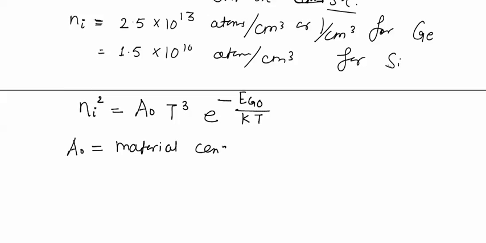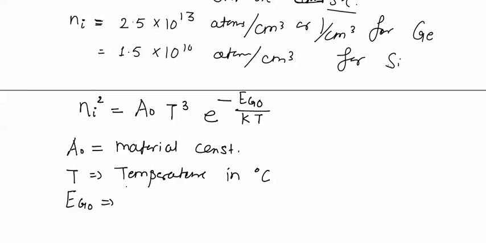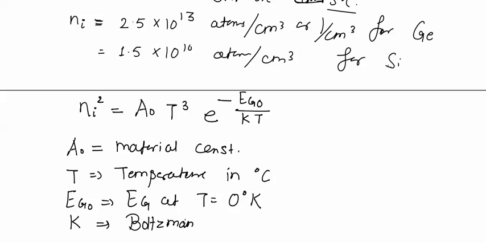It depends on the material. T is temperature in degrees Kelvin, and Eg0 is the value of Eg at T equal to 0 degrees Kelvin, and K is called Boltzmann's constant.